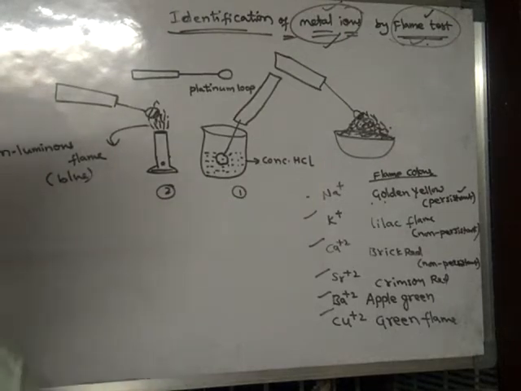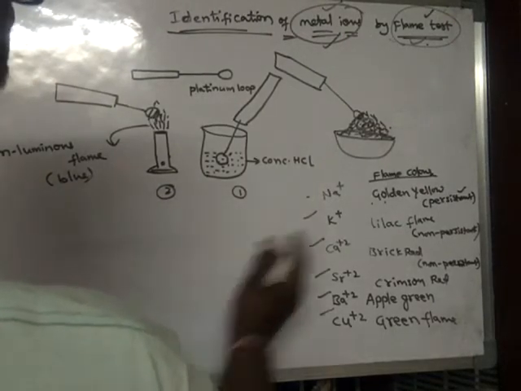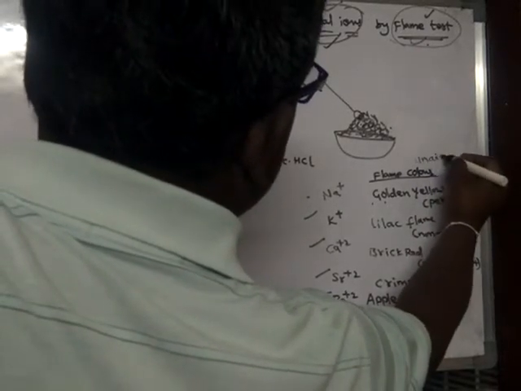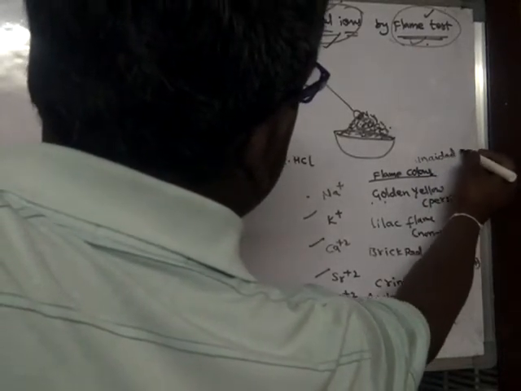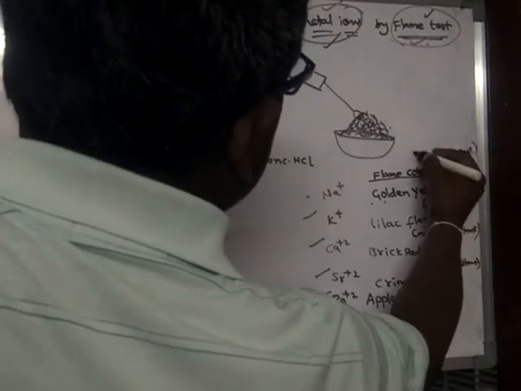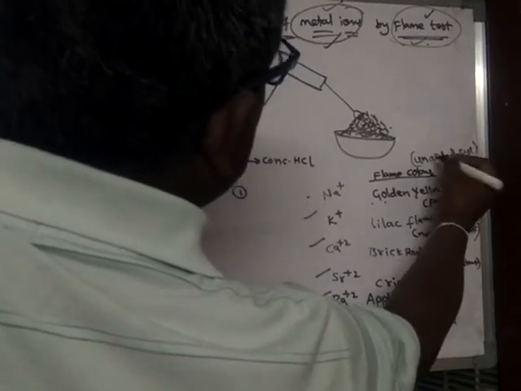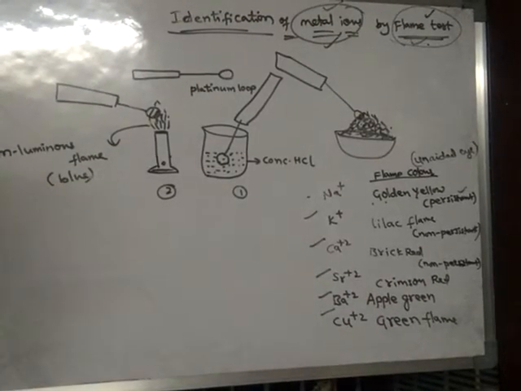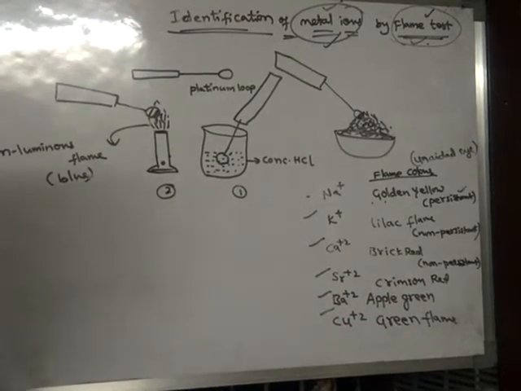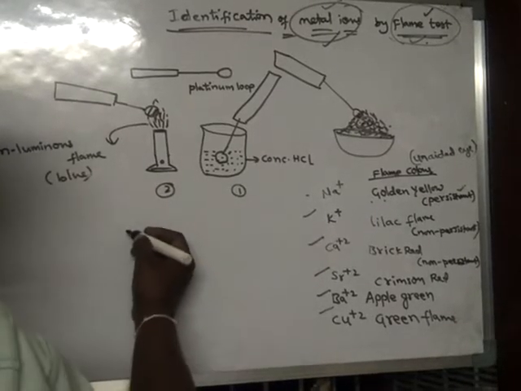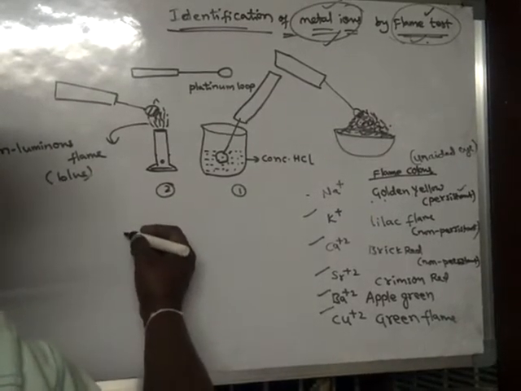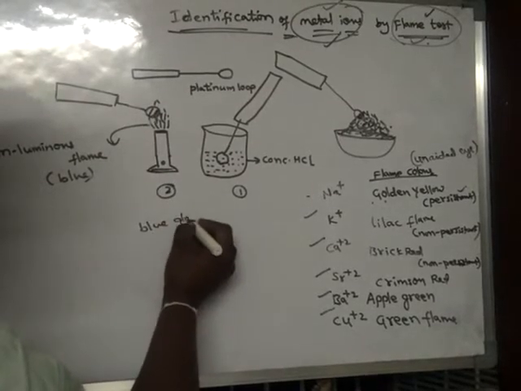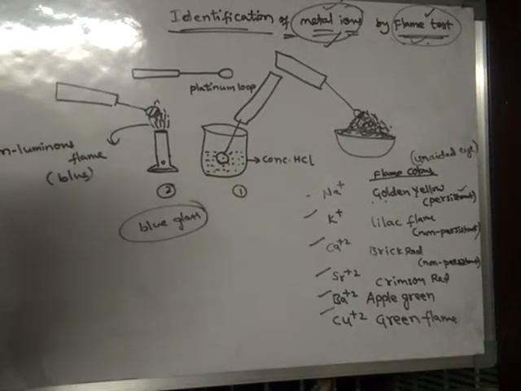And one more thing: all this is with the unaided eye, that means directly with our naked eye. Sometimes, in order to protect our eyes, we use screens like blue glass, and we observe the flame through that glass.